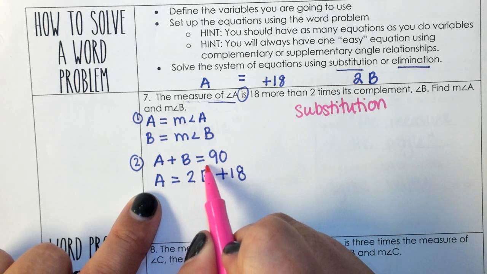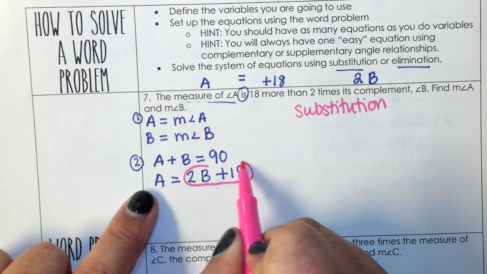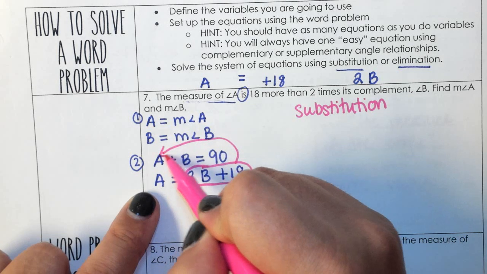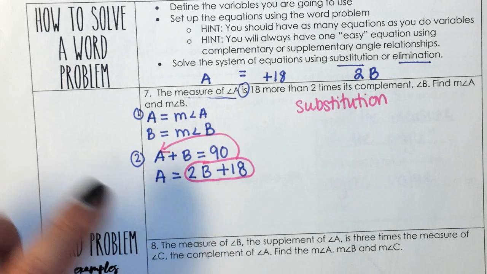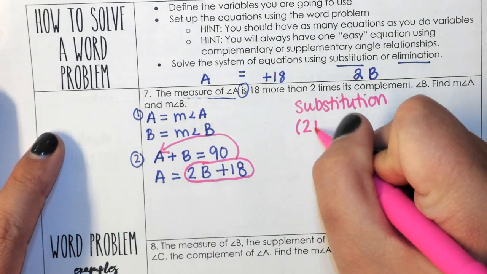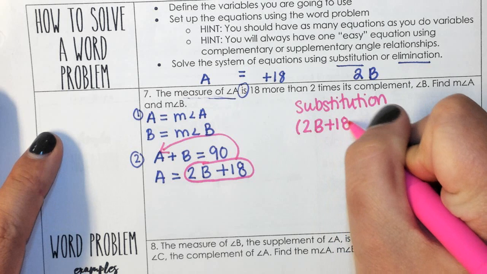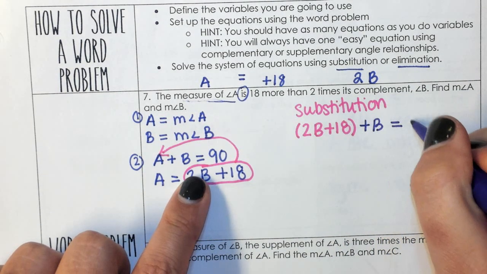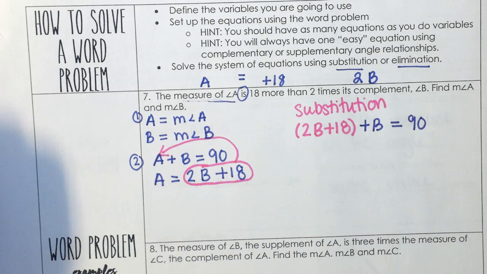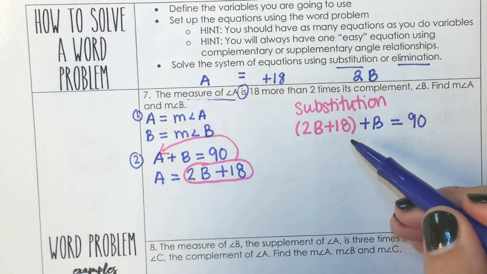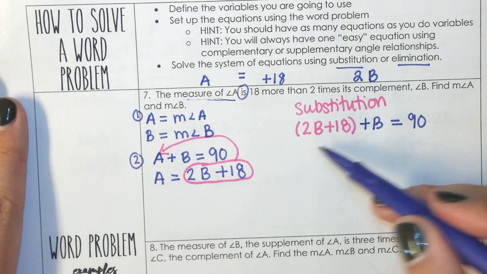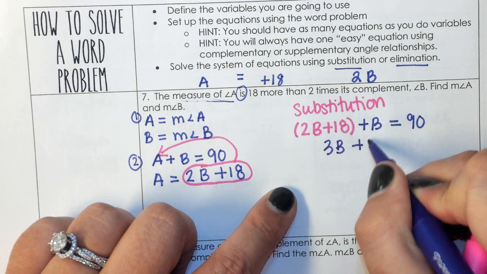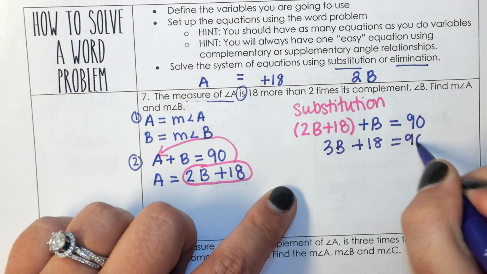So what I'm going to do is take all of this stuff that A is equal to, that 2B plus 18, and replace it in for A right there into the top equation. So I will have 2B plus 18 plus that B, and that will equal 90.